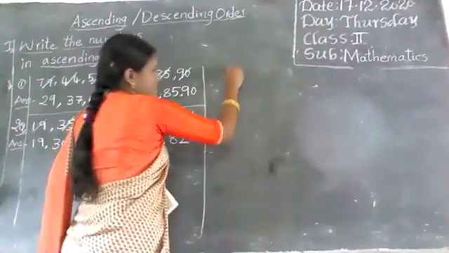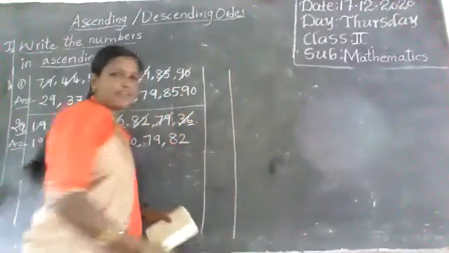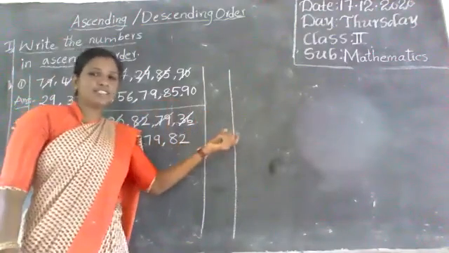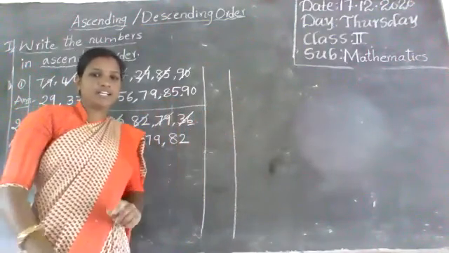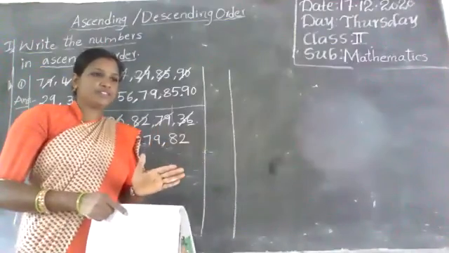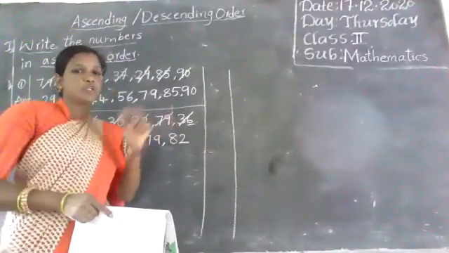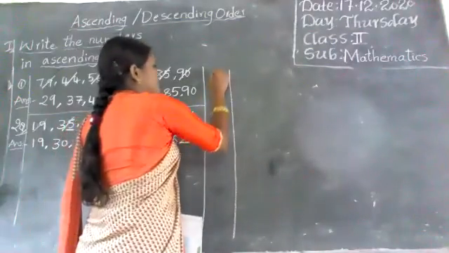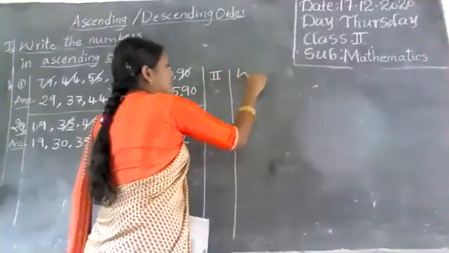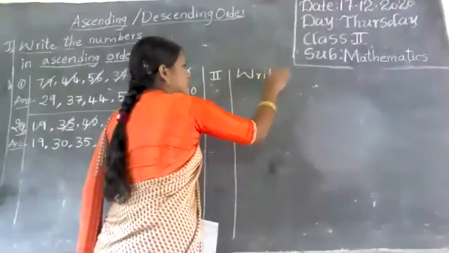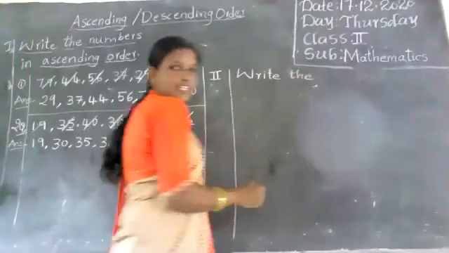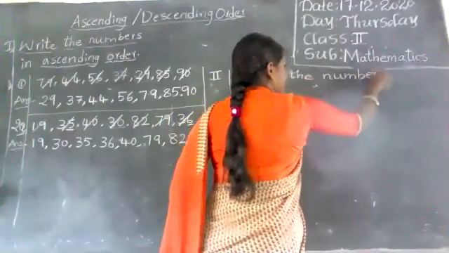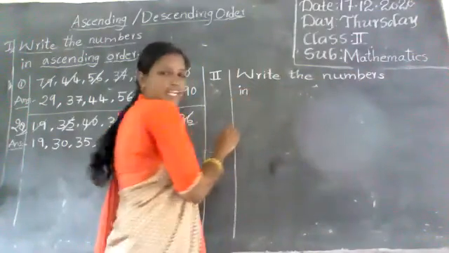Next. In the previous class we learned only ascending order, and in another class we learned only descending order. So you are confused. That's why today I am explaining both. Write the numbers in descending order.